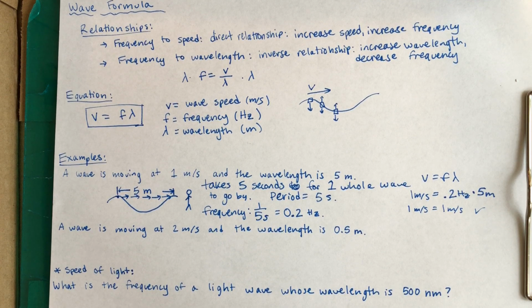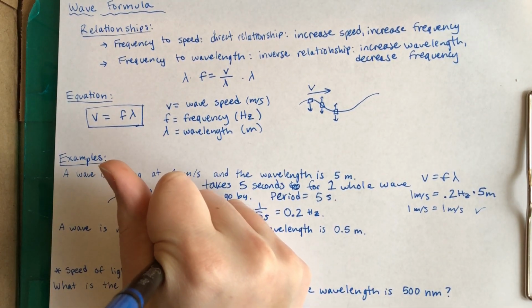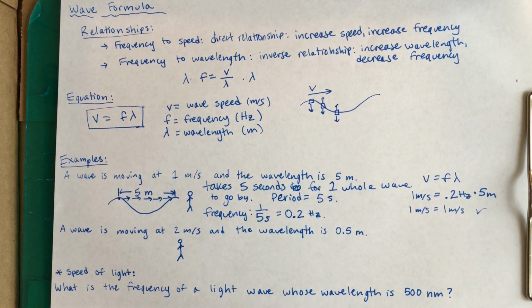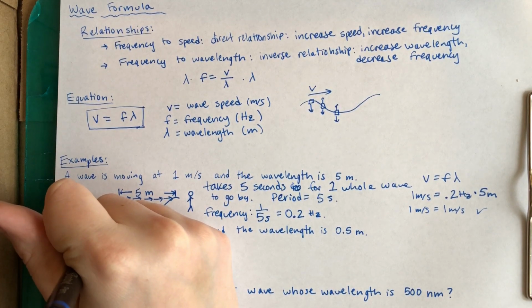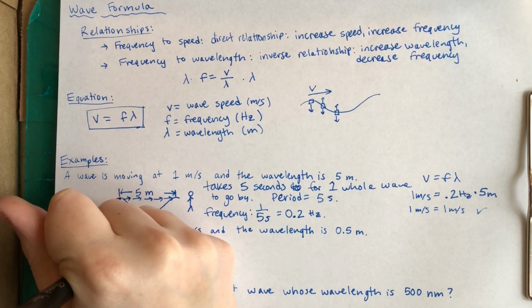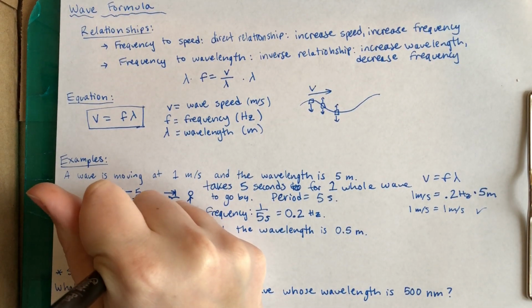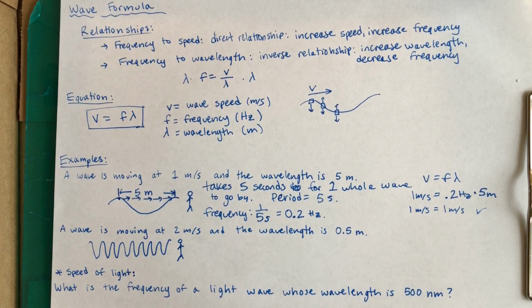Now let's also look at a similar example where we'll actually try to picture a person standing there. The wave is moving at 2 meters per second, and the wavelength is 0.5 meters. So we have a much smaller wave going on here.